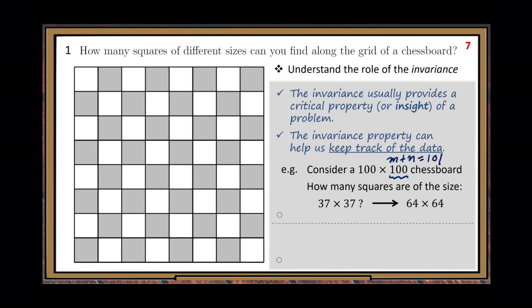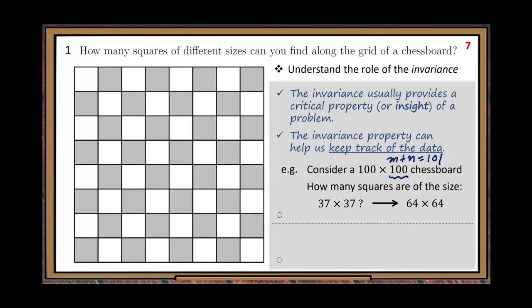So 37 plus some n equals 101, so that little n equals 64. Here you can see we use the invariance concept to help us keep track of the data.